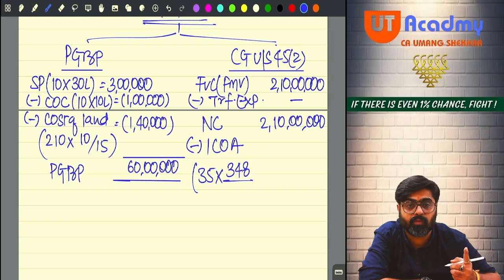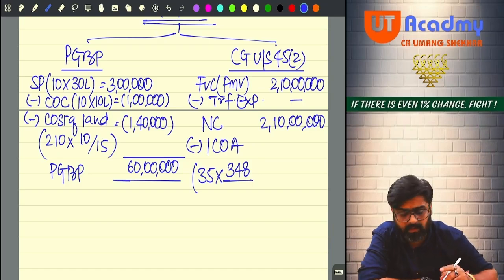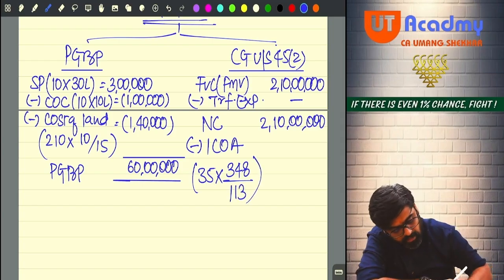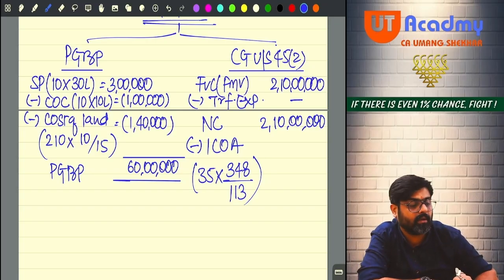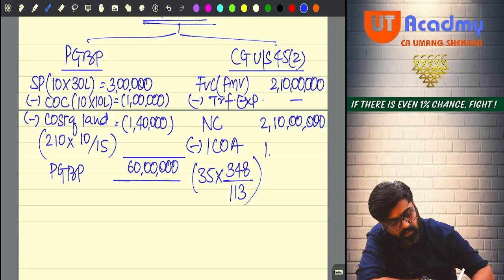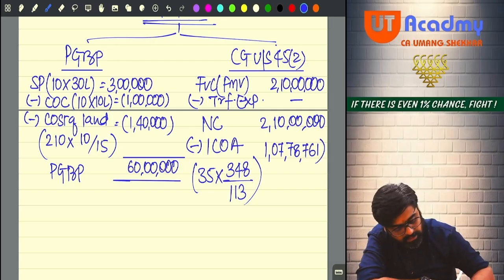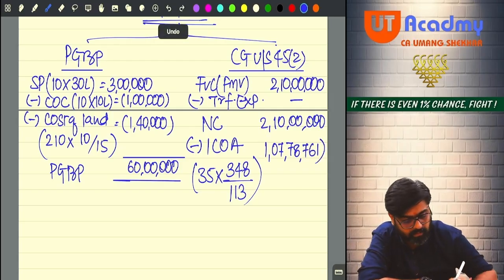So what was the CII for 4-5? 113. So 35 lakhs into 348 divided by 113 will give me 1 crore 7 lakh 78,761. Everyone getting this? Everyone?